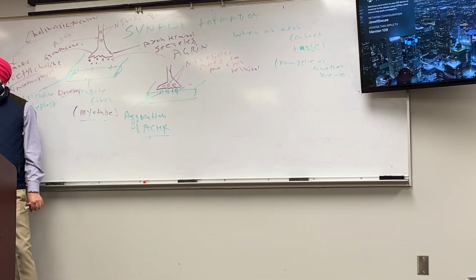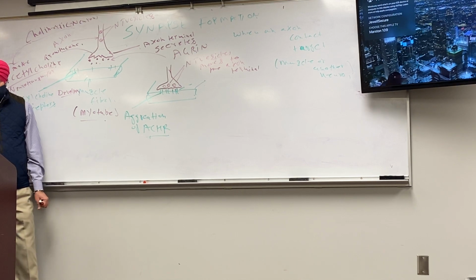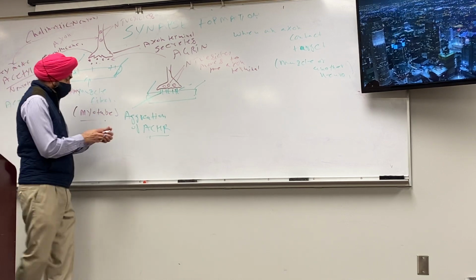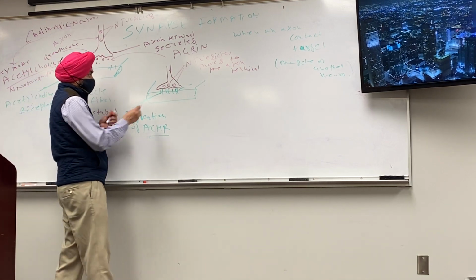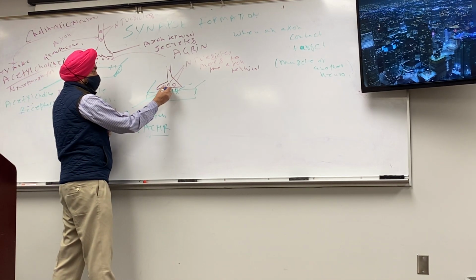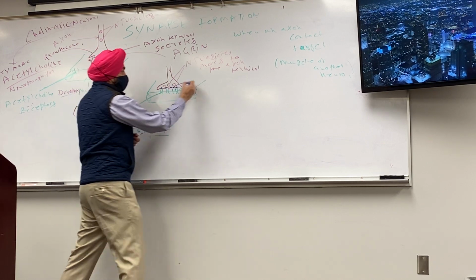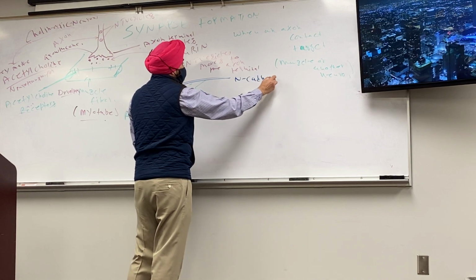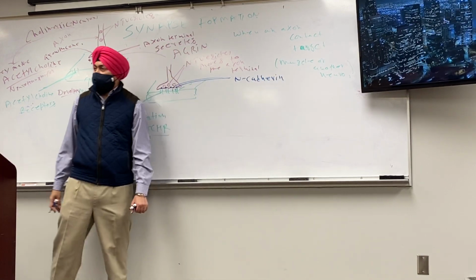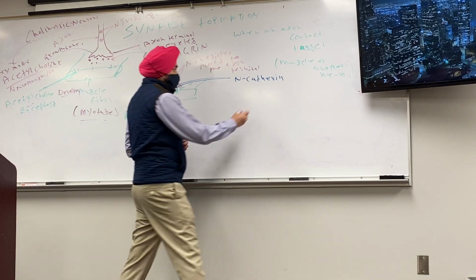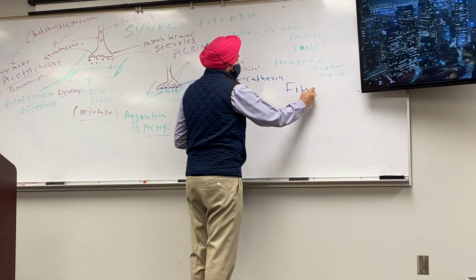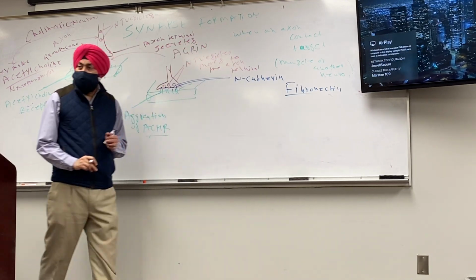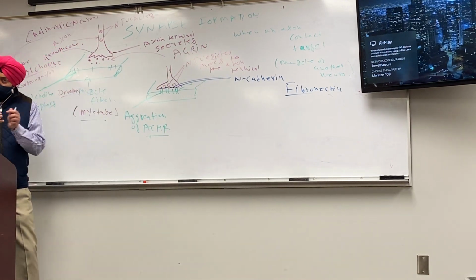Okay. Now, on the axon, remember there were two types of protein we talked about. Right here. There is N-cadherin there, and there is fibronectin also there. And again, where will they go?